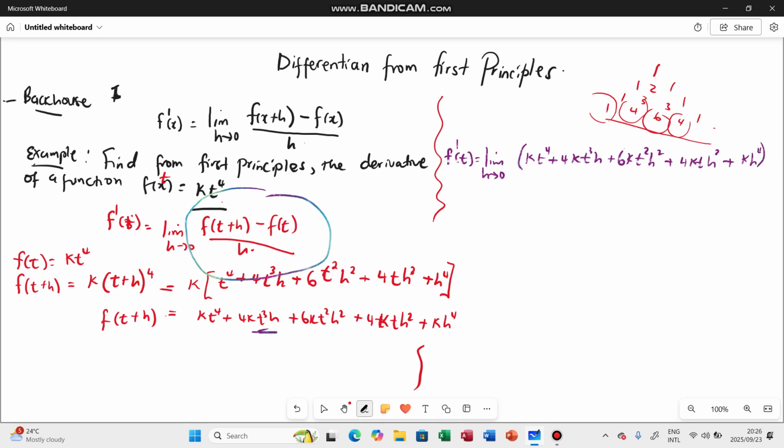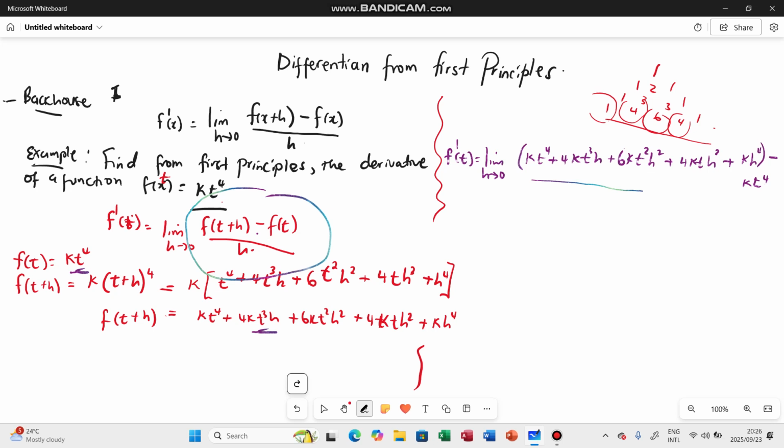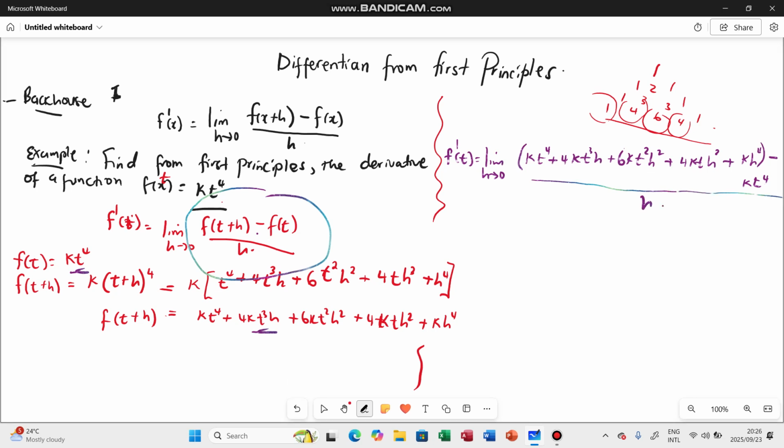But don't forget, in the question there is a minus here. Minus, what is my f of t? My f of t is kt to the power 4, then divided by our h, here in the formula.